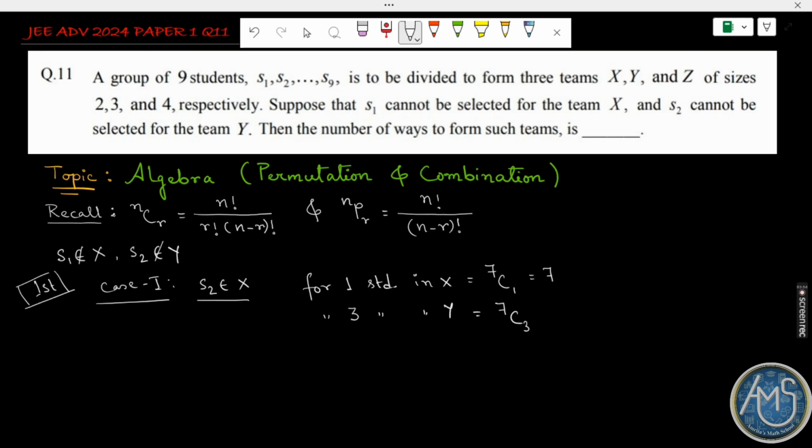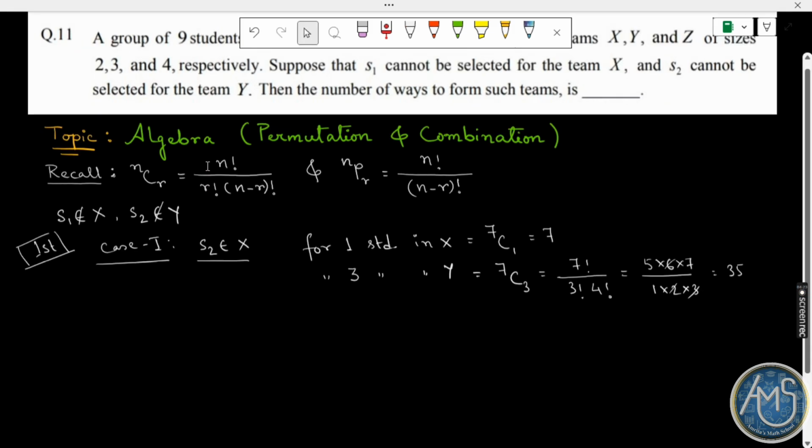S2 is already in X, so no need to discard that. So 7 factorial by 3 factorial and (7 minus 3), that is 4 factorial. If we calculate it, it will be 5, 6, 7 and 1 into 2 into 3. So 6 cancels out, it is 35.